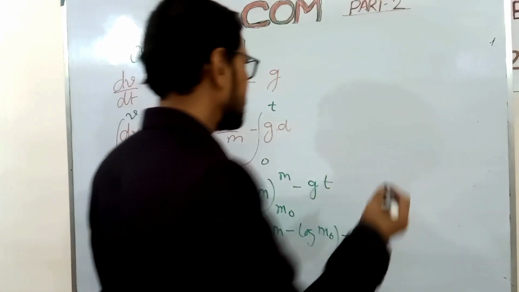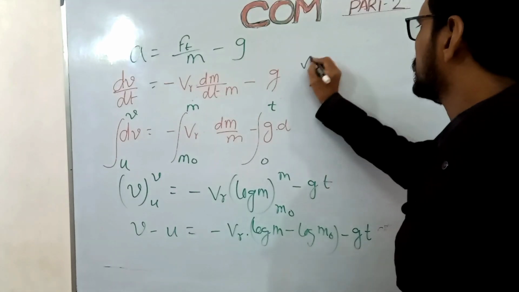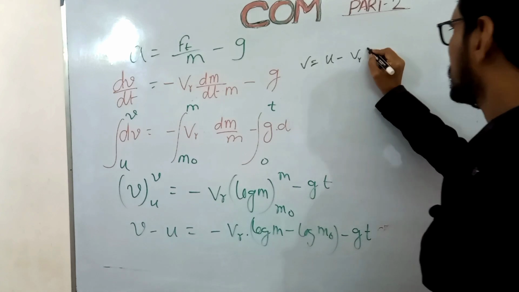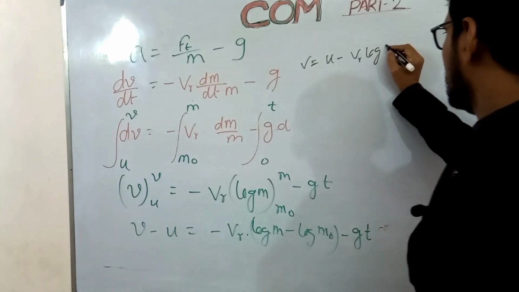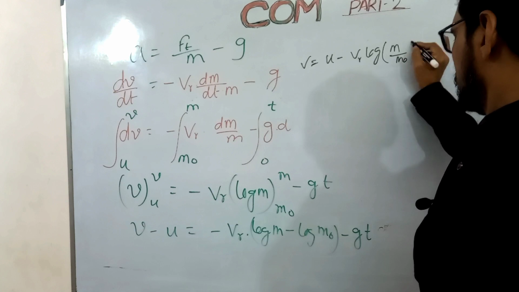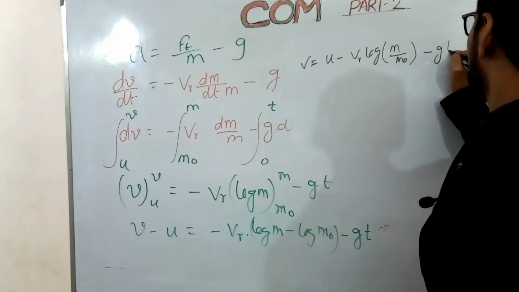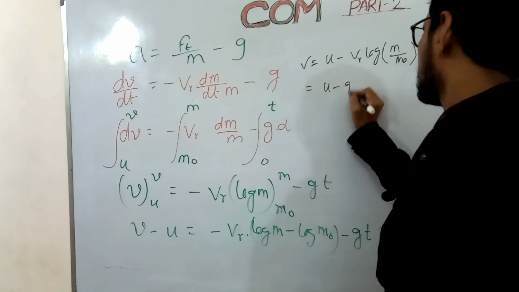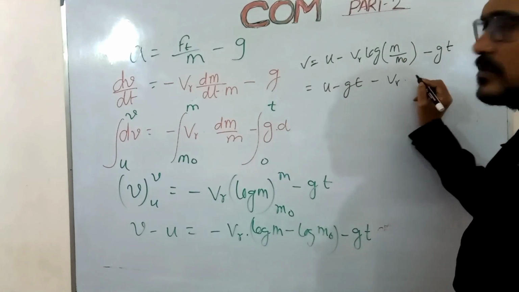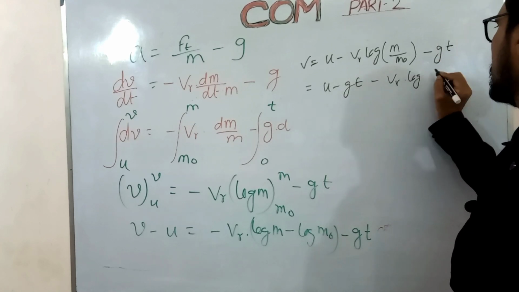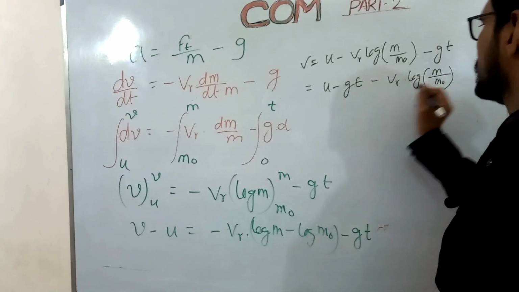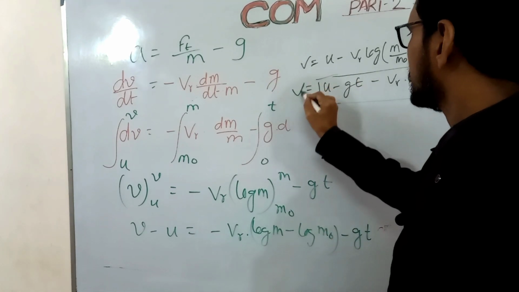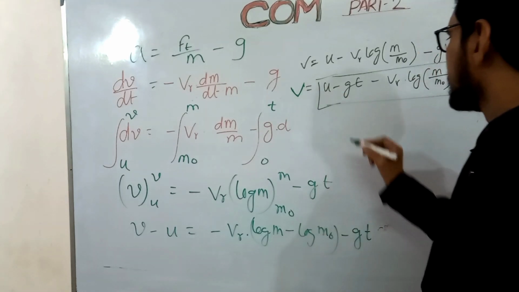So from this we get v equal to u minus Vr log m by m0 minus gt. So v equal to u minus gt minus Vr log m by m0. This is the answer: the velocity of the rocket at t seconds after launching.